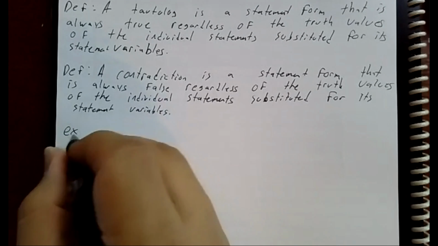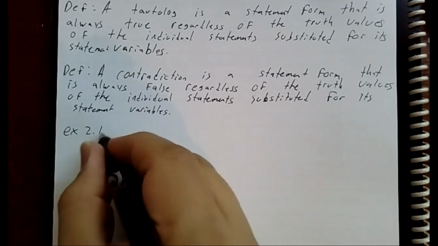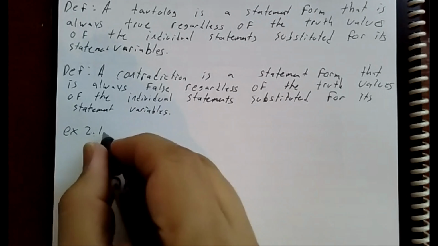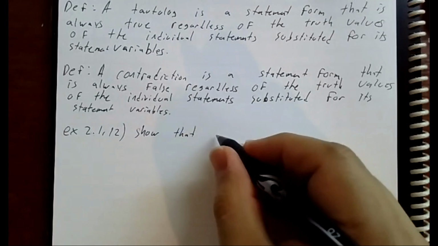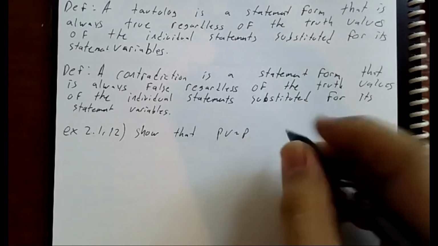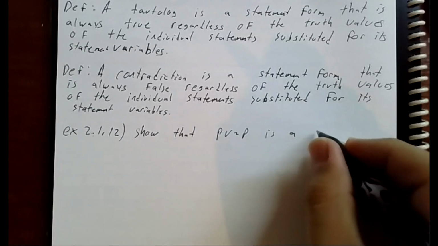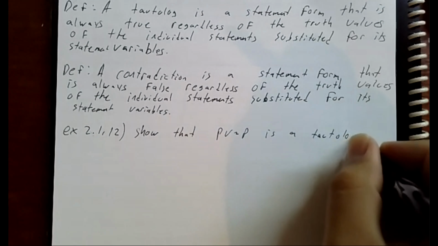For example, 2.1.12. Show that P or not P is a tautology, and P and not P is a contradiction.